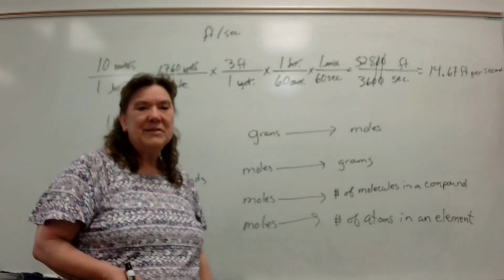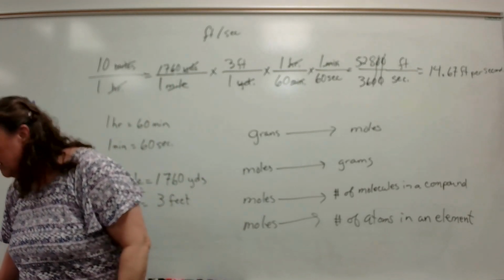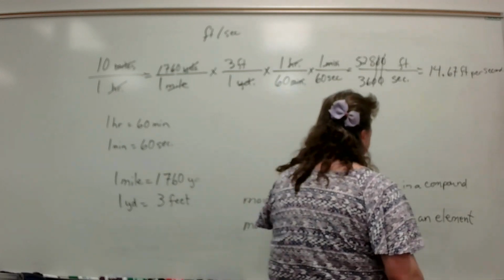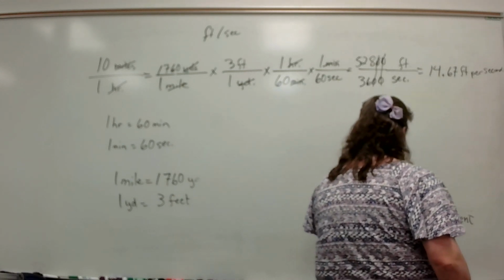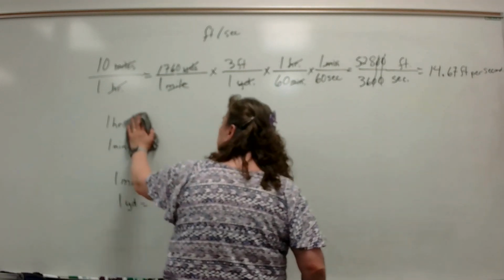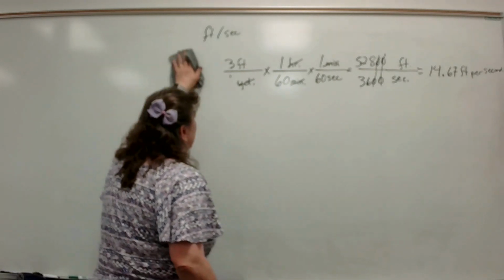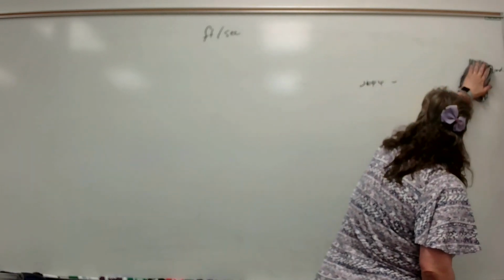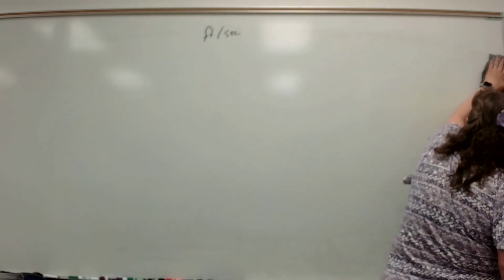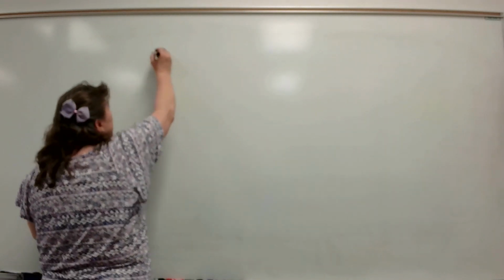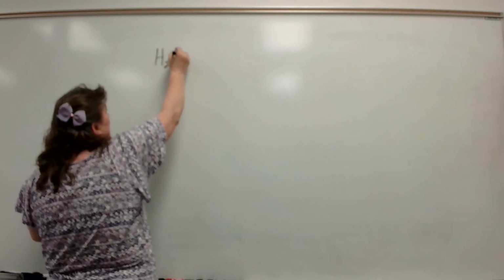Okay? So if we were to look at it, just briefly, I'm going to do one compound for you. We're going to look at water, just for kicks, to give you an idea what you're going to be looking at here. Water is H2O.